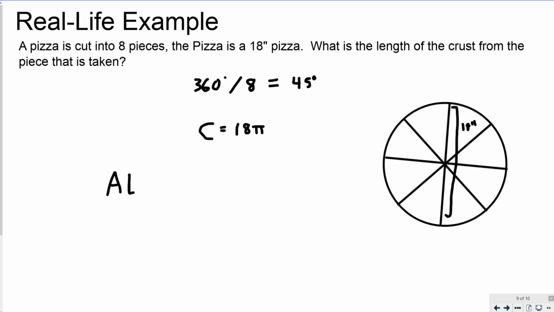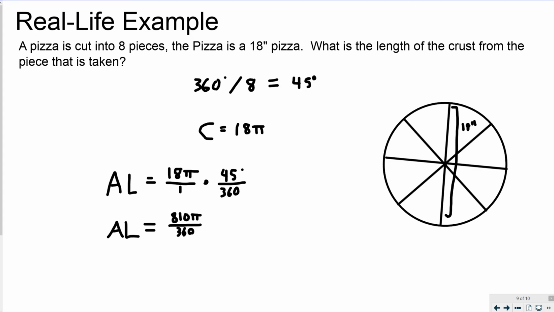So we will go ahead and substitute that into the formula. The arc length is equal to 18 pi times 45, the measure of a slice of pizza, 45 degrees over 360. So we're going to multiply 18 times 45. So on the top for arc length, I get 810 pi, and on the bottom I have 360.